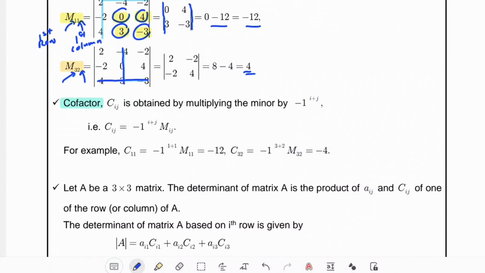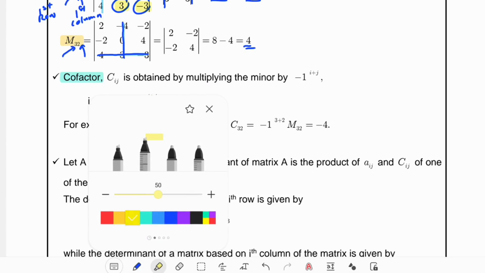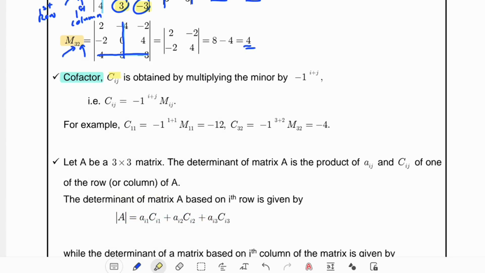So, we proceed with the cofactor. The notation for cofactor is by using C, which is referring to the cofactor itself.